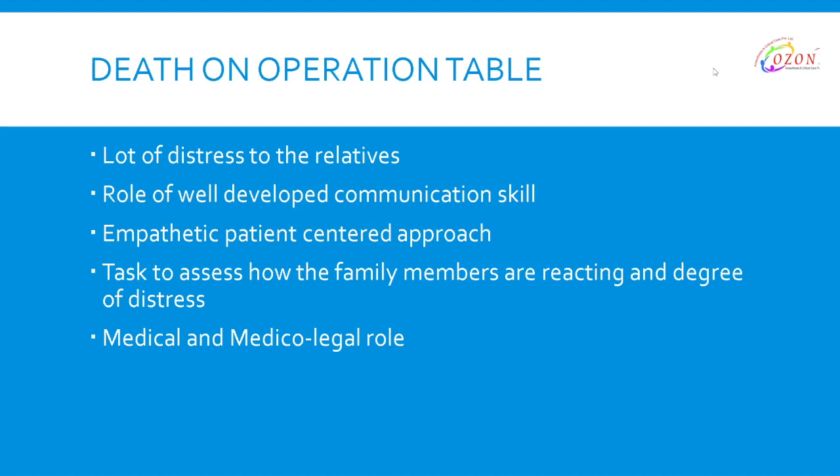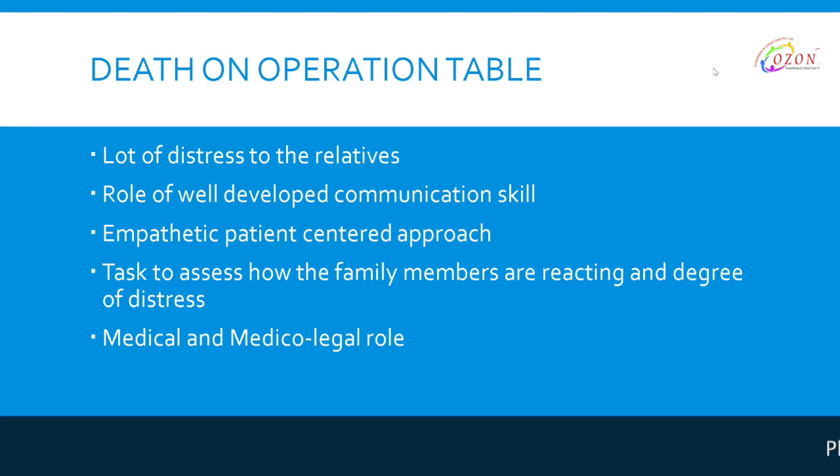They have mishandled the doctors, nursing staff in the hospital. They have damaged the property of the hospital. That is a first reaction many times, which is difficult to digest to the relatives. And therefore, once you broke that bad news, you need to assess the degree of distress which is there. And depending on that, you need to take due precautions about how to tackle that situation.